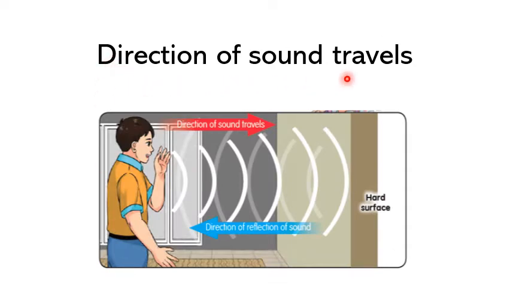Direction of sound travel. When someone shouts hello, the sound travels forward and is reflected back after hitting a hard surface. So the direction of reflection of sound is coming back to him.